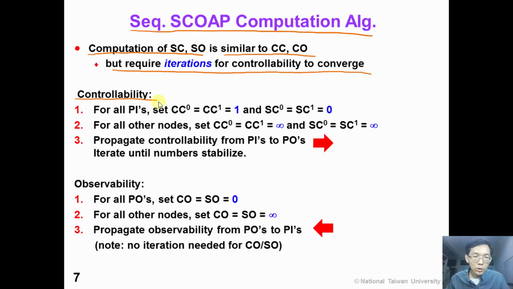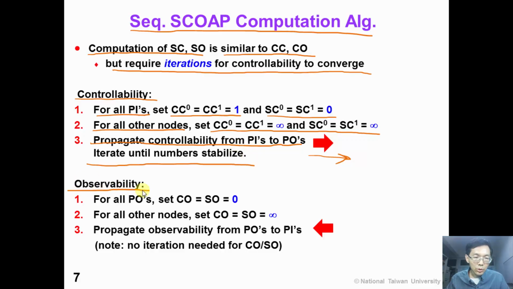To compute the sequential controllability, for all the primary inputs, we set the combinational controllability to 1 and sequential controllability to 0. For all the other nodes, their CC and SC are initially infinity. And when we propagate the controllability from primary input to primary output, from left to right in this direction, we iterate this until all the numbers stabilize.